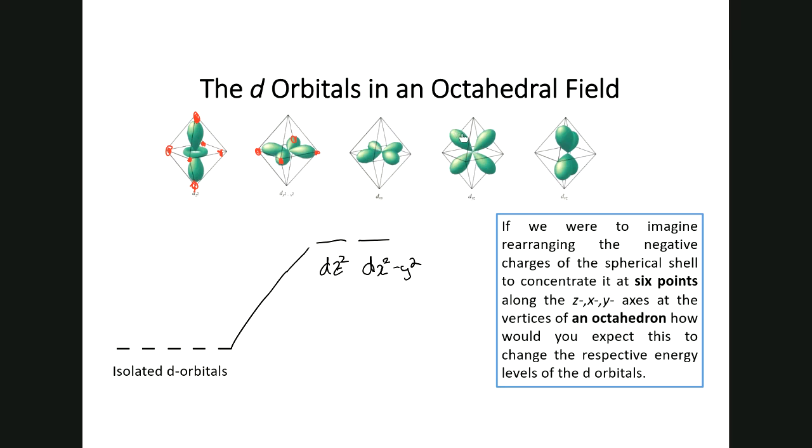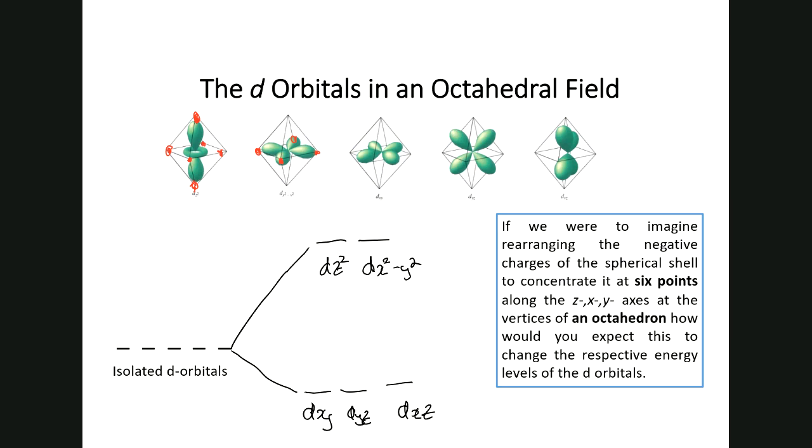They're not in direct contact, and as a result, they're going to become lower in energy. So now we have the dxy, the dyz, and the dxz, and they're going to be low in energy.